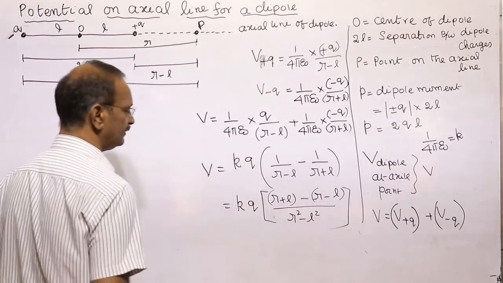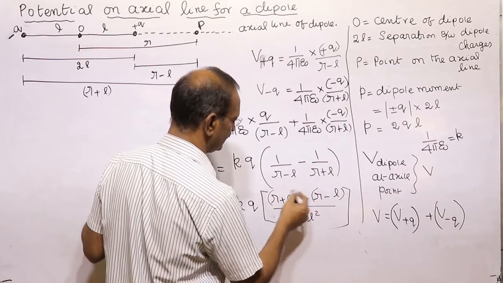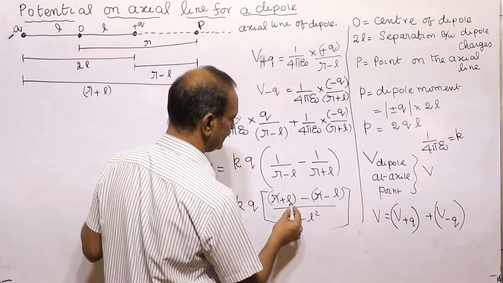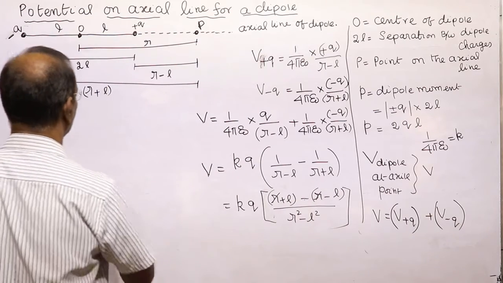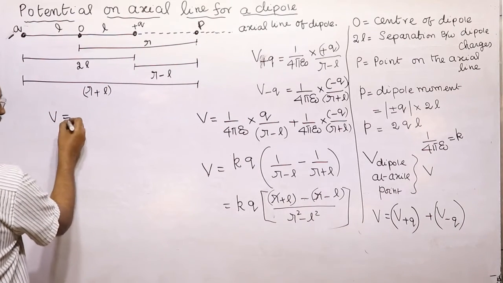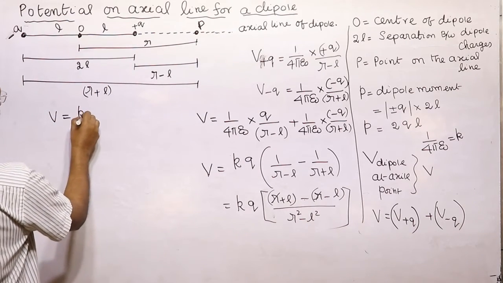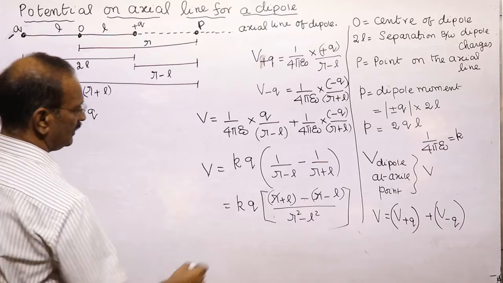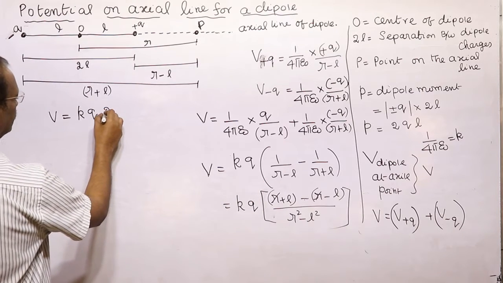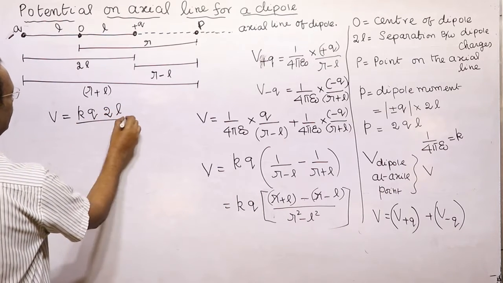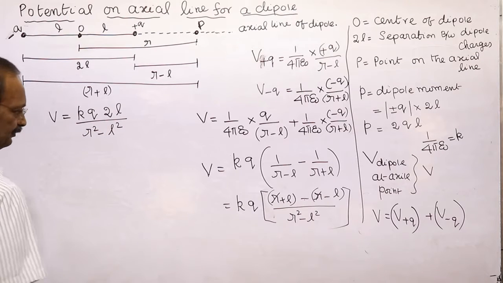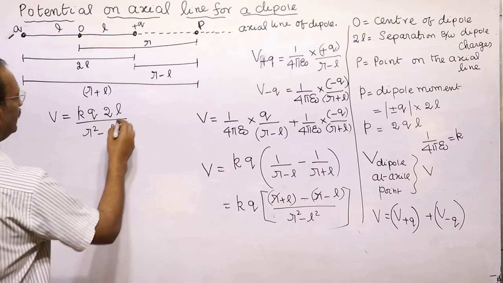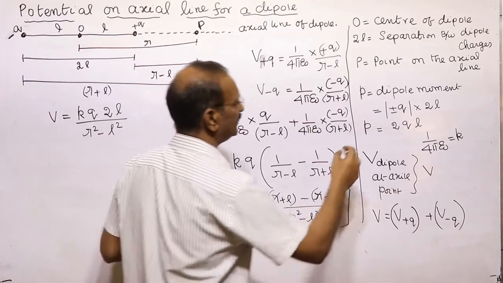On simplification, the r and r cancel, and L minus minus L gives plus 2L. Therefore the potential is equal to K into Q into 2L divided by r square minus L square. Okay, so we know what this dipole moment is.